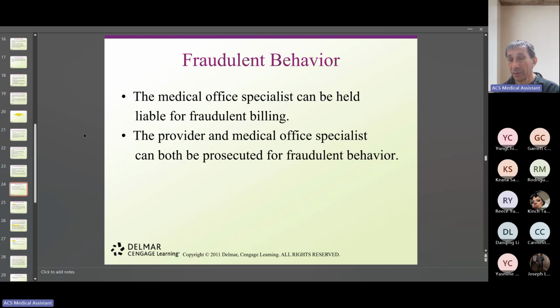Remember that the medical doctor is the one that is going to be writing down procedures, diagnosis, treatments, and we have to translate that to codes. But if we notice something that is not right, we have to bring it to the attention of the medical doctor. In good faith, of course, without insinuating that they are probably doing something wrong.